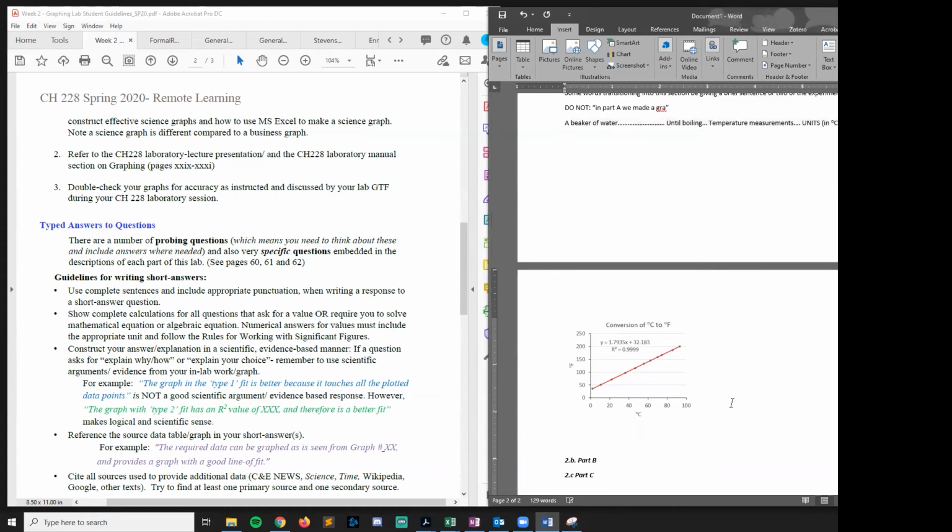What goes right underneath the plot? A really nice figure caption.